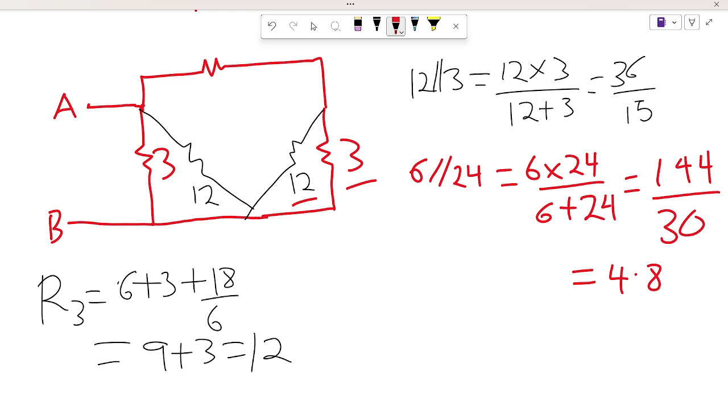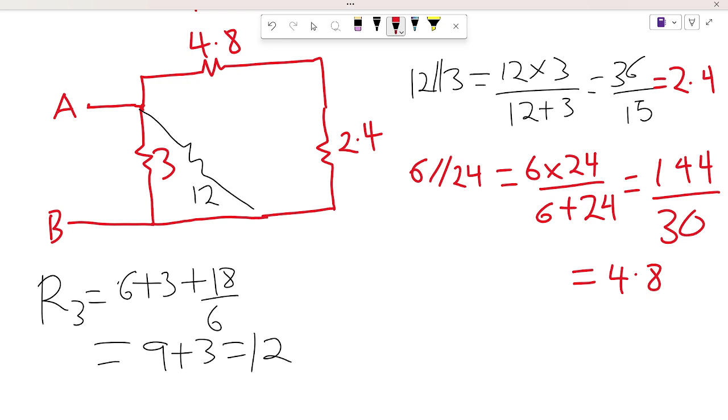So we can simplify this one to 4.8, and we can simplify this part to 36 on 15, divided by 15. We have 2.4 for this part. Sorry. So this is the simplified form of our circuit.